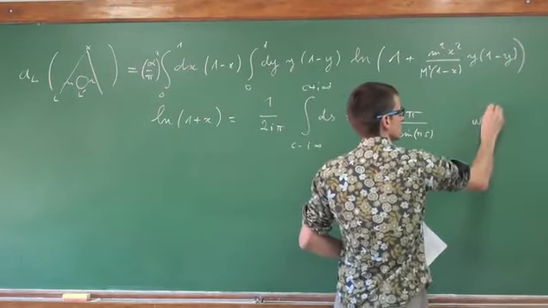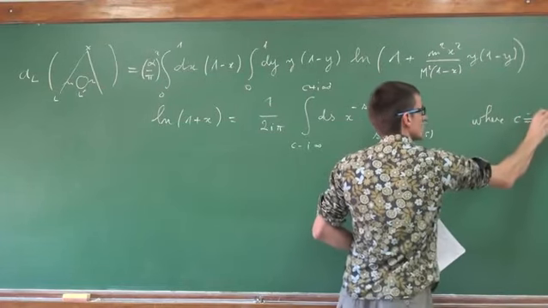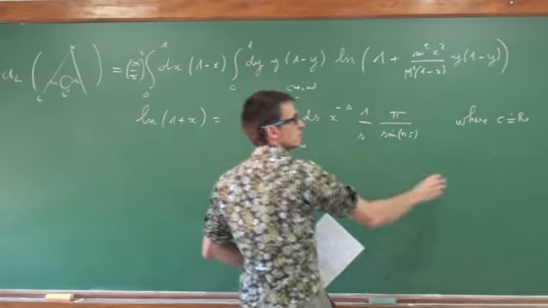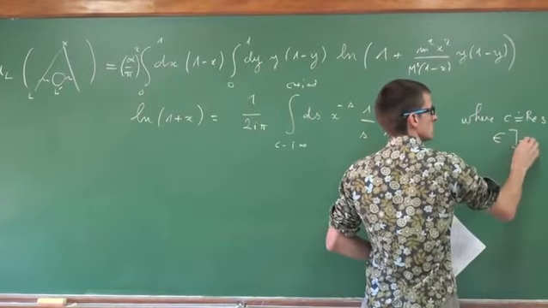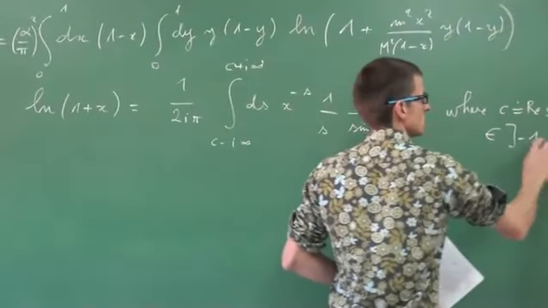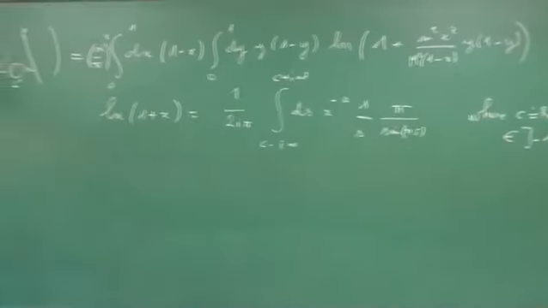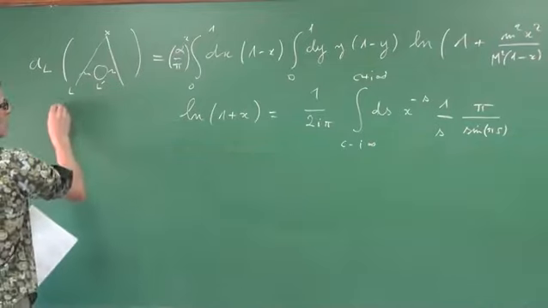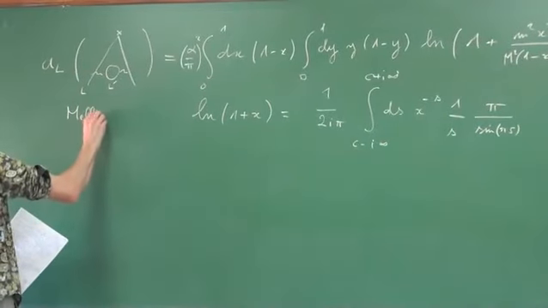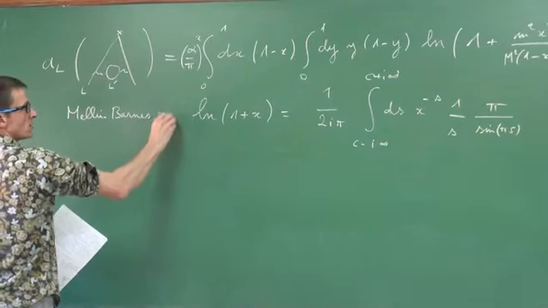where c is the real part of the integration variable s, in this range, we have been able to rewrite this. This is a Mellin-Barnes representation.